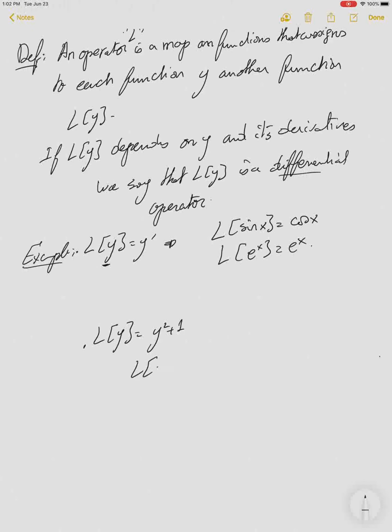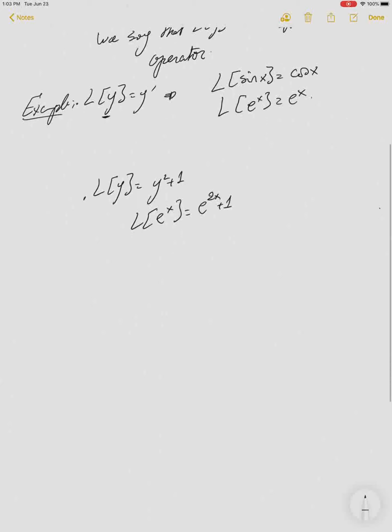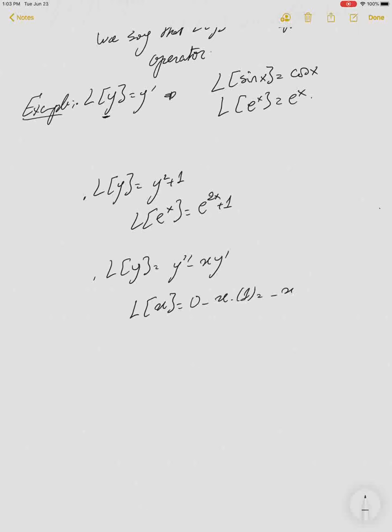In this case, what is L of e to the x? It is the function e to the 2x plus 1. You can take another example, L of y equal y second minus x y prime. What is L of x in this case? L of x is the double derivative of x, which is 0, minus x times 1, which equals the function minus x.